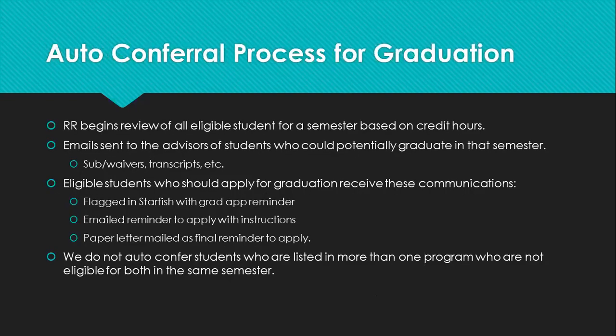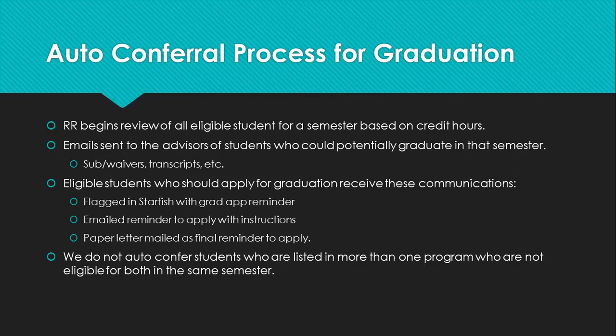Okay. So from my end, I start my process for auto conferral pretty early in the semester. I pull an Argos report, like we were talking about earlier, to kind of give me an idea of who is eligible for a certain semester, and it's just based on credit hours.